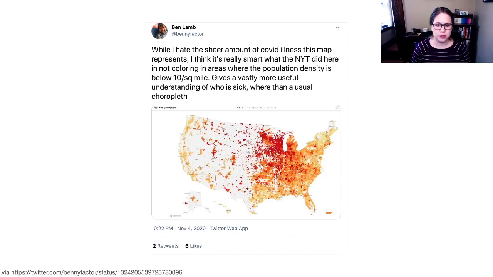And then we'll just show you what's going on in the areas that have a population over a certain threshold. And there were criticisms of this approach as well, so I don't think this is perfect, but it is an interesting strategy, and I think it's one that a more general audience can understand.